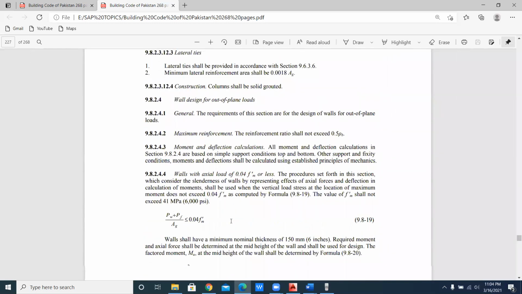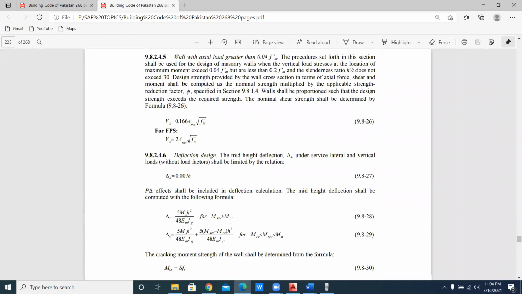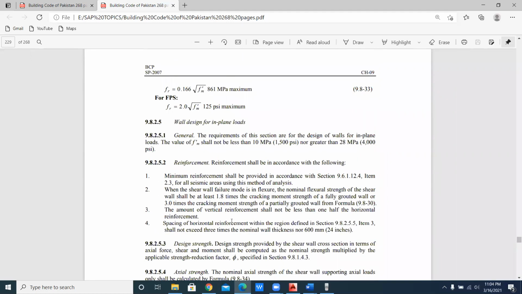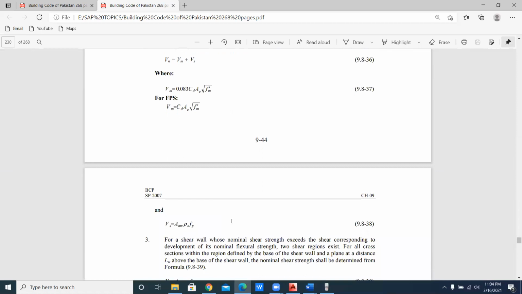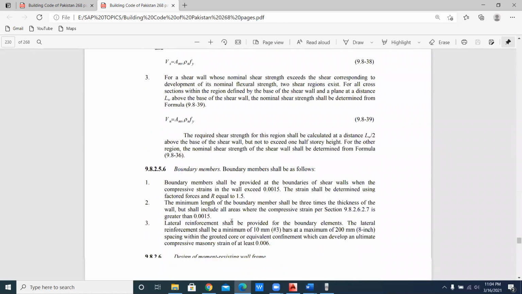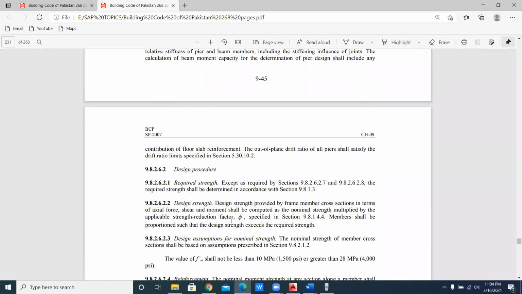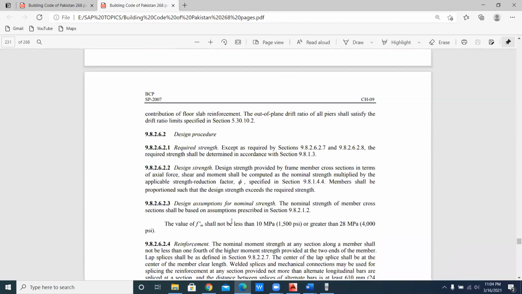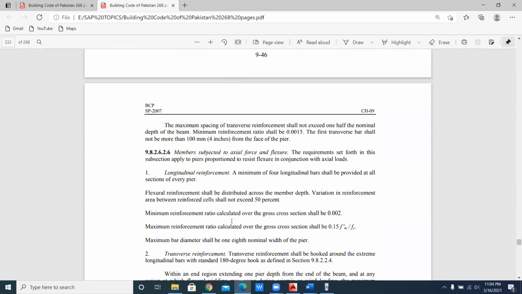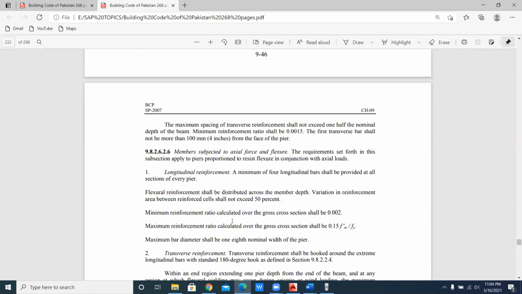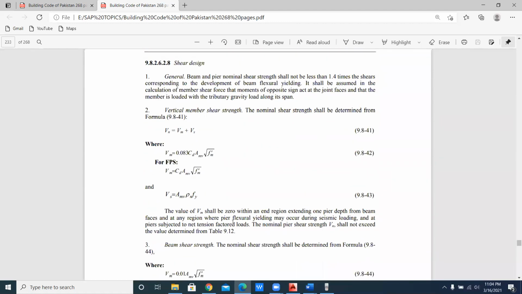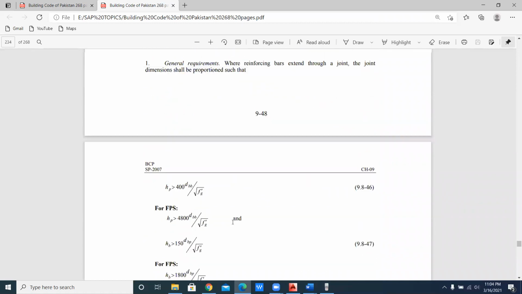That is 9.9, 9.8, and basically you will find here chapter 9, page 49.